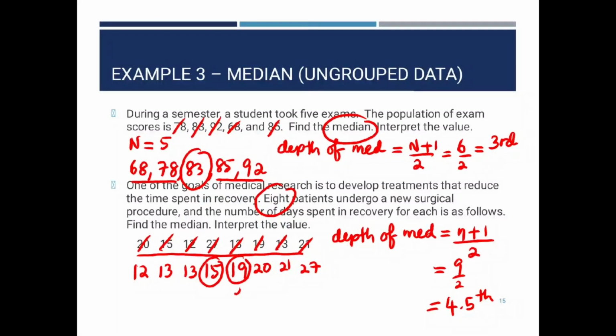So the median will be somewhere between, the value will be somewhere between 15 and 19. So the median equals 15 plus 19 over 2, and we should get 17.